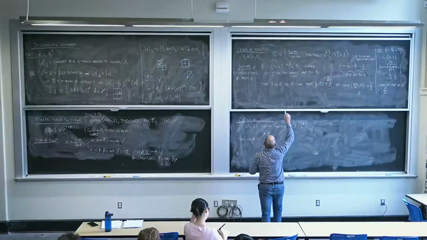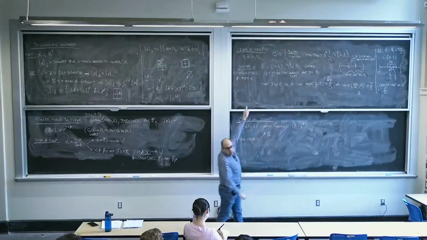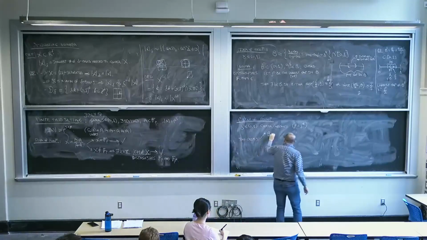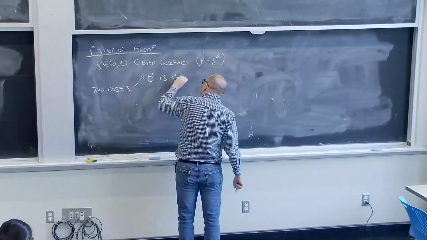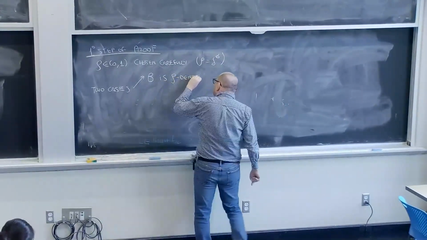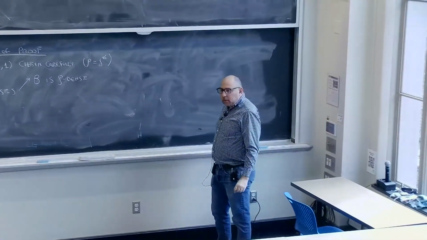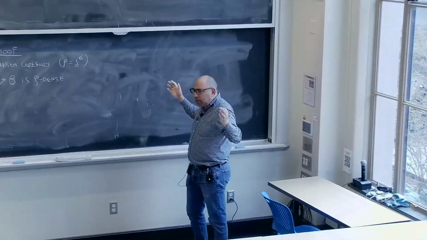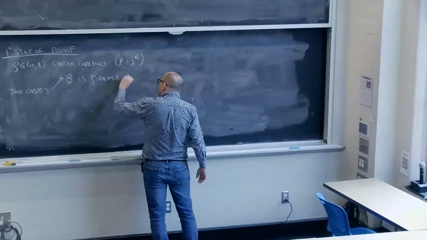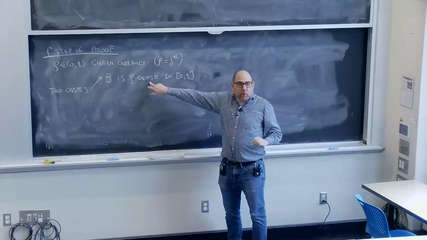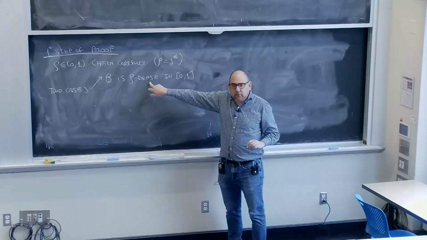B now is that B up there, not an arbitrary B, that B is rho dense. Rho dense means that the largest gap is at most rho. Or if you take the rho neighborhood, you cover everything in 0, 1. So any questions about what rho dense means?